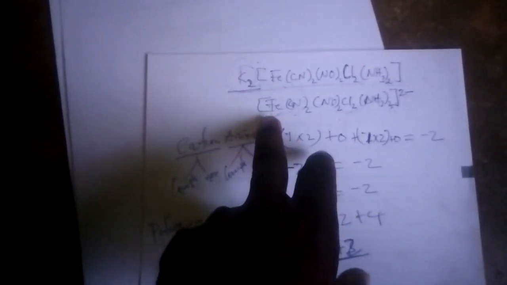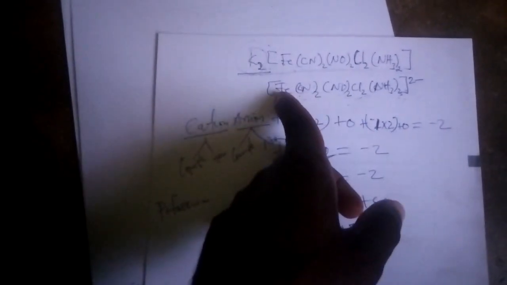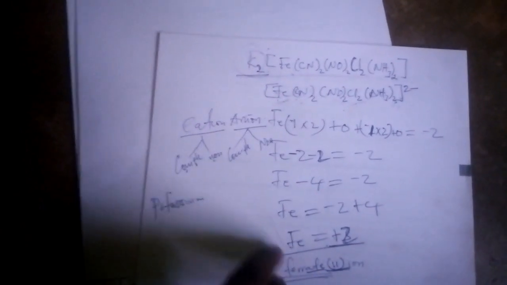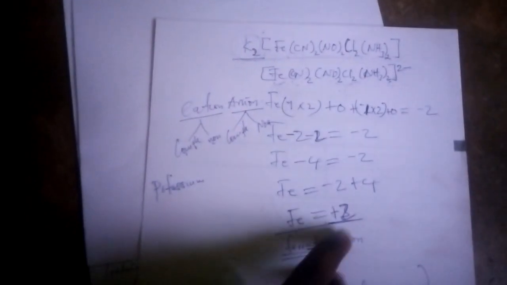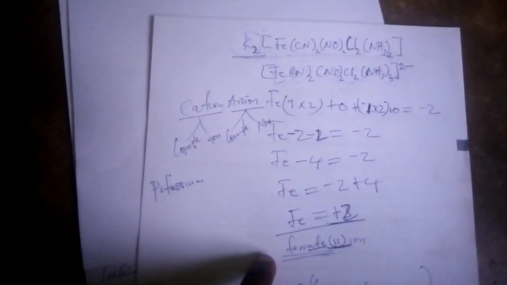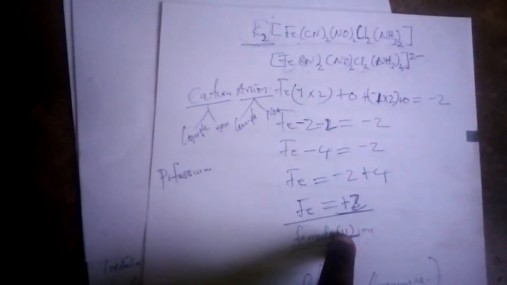But iron has two kinds of ions, iron 3 and iron 2. So how can we determine whether it is iron 3 or iron 2? We find the oxidation state of that iron. After finding the oxidation state, we get 2. Therefore, this is iron 2. It means we indicate 2 here, in brackets.